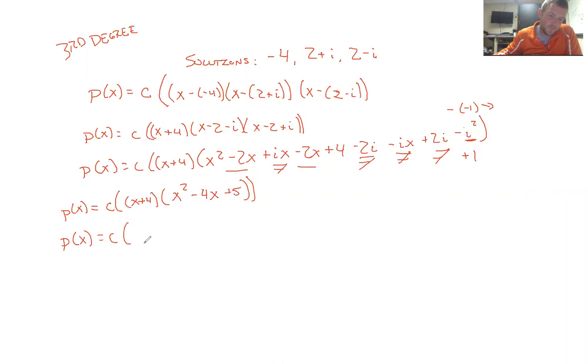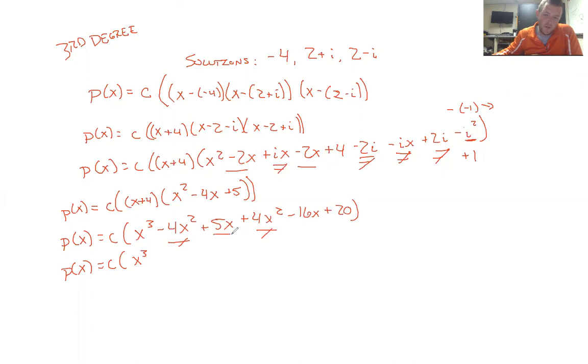FOIL that. That would be x cubed minus 4x squared plus 5x plus 4x squared minus 16x plus 20. Simplify. x cubed. x squared would be -4x squared and 4x squared. Those cross off. 5x and -16x would be minus 11x and plus 20.